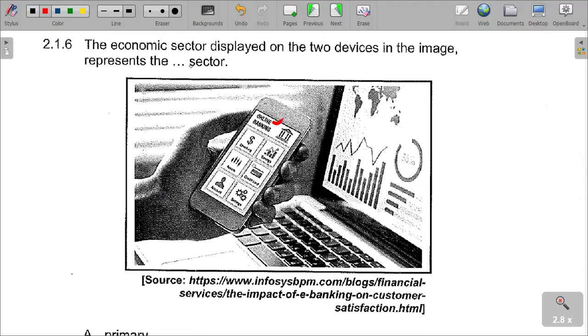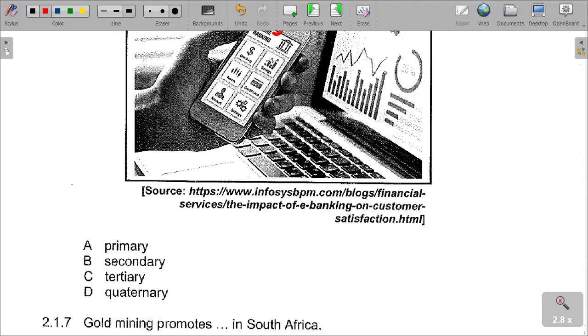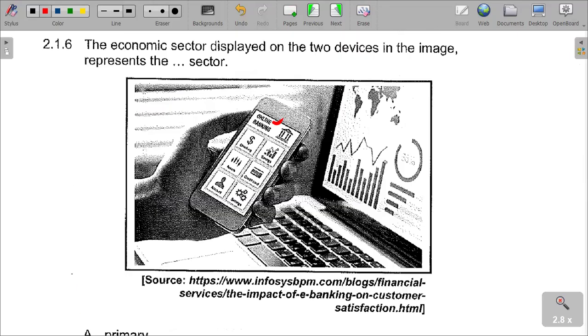We are seeing online banking here. And then we are seeing a computer. So this can represent a tertiary sector.